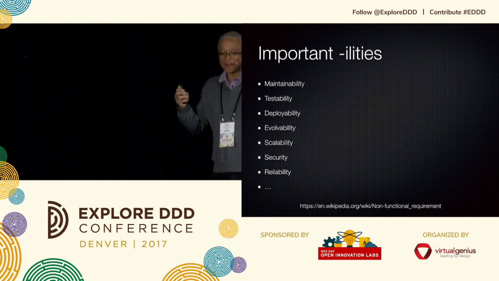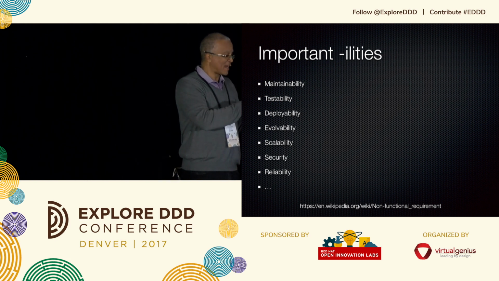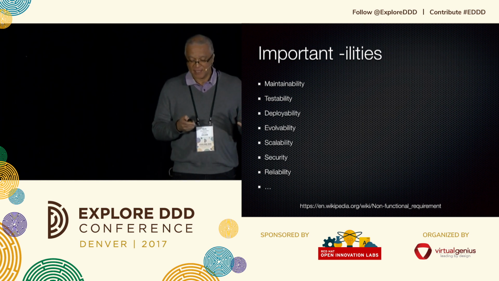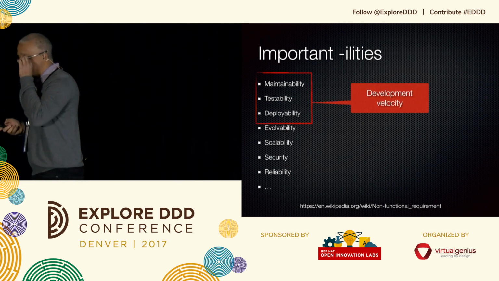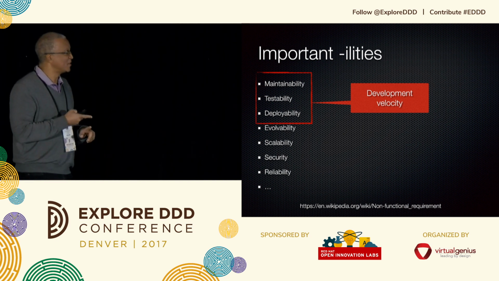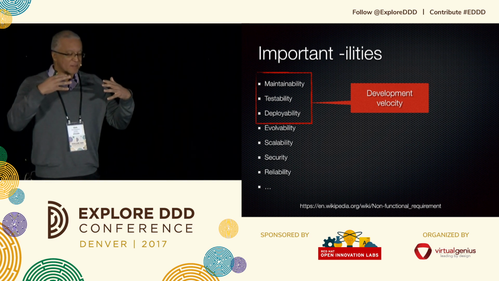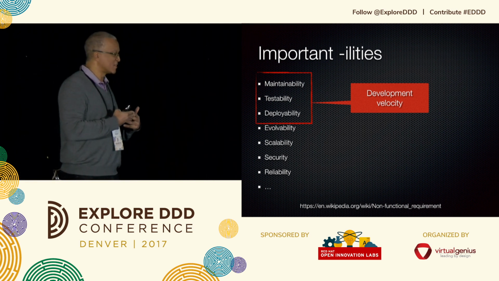So there's a whole bunch, and your choice of architecture dictates the ilities of your application. Well, the first three on this list are the ones that are particularly relevant today, or at least in the context of discussing the microservice architecture, namely maintainability, testability, and deployability, because those attributes directly impact your development velocity.